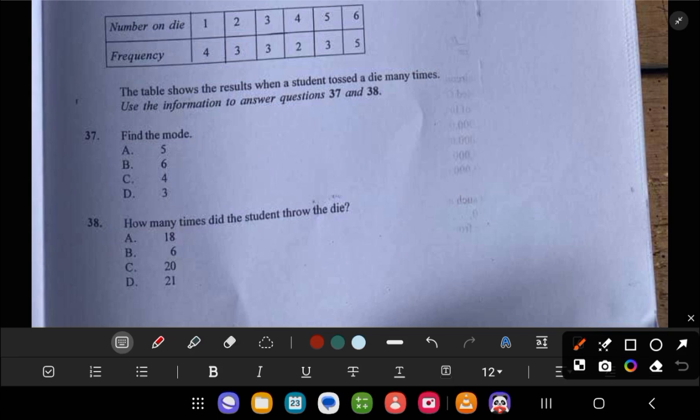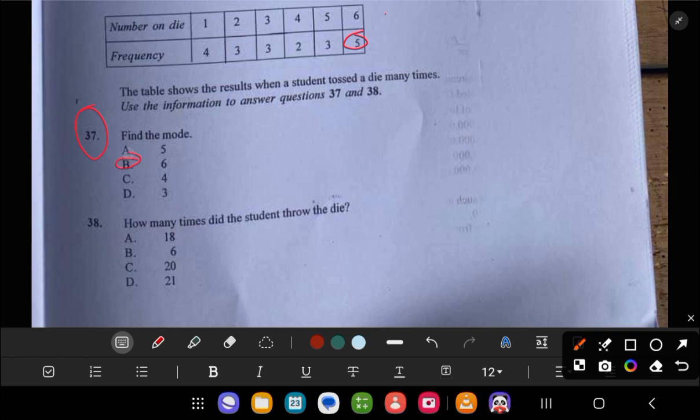The mode is the highest frequency. Looking at the die, which number had the highest frequency? It was the 6. That's the favorite when you're playing Ludo or throwing the die.